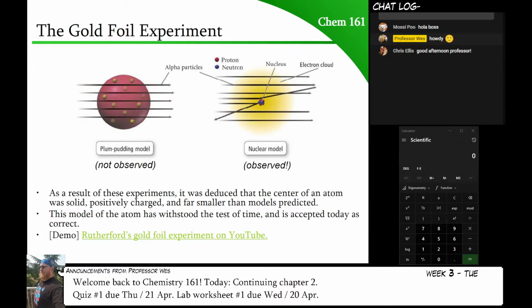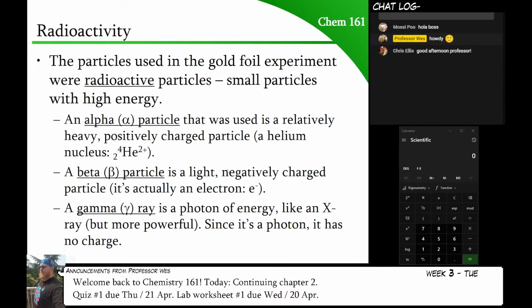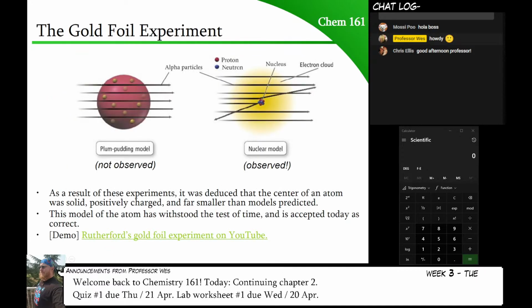So, on the right here, we have concluded that the structure of the nucleus looks like this. Oops, that's not what I meant to do, sorry. We have this tiny, tiny, tiny, tiny positively charged part in the middle. That's called the nucleus. And then the electron cloud is the part around it.